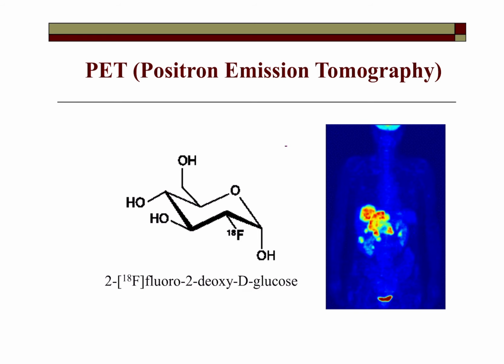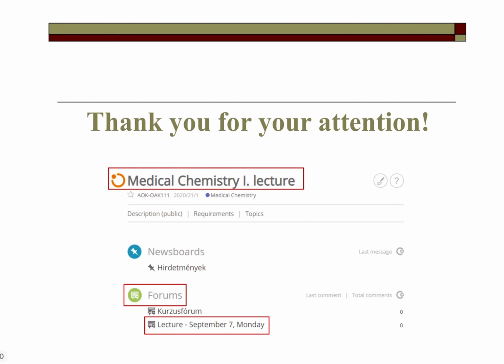Cancer cells have the highest capability to accept glucose, and they need more glucose, and the metabolic rate is high. In this case, in the area which has cancer, they produce positrons very easily, because positron is from the beta decay.